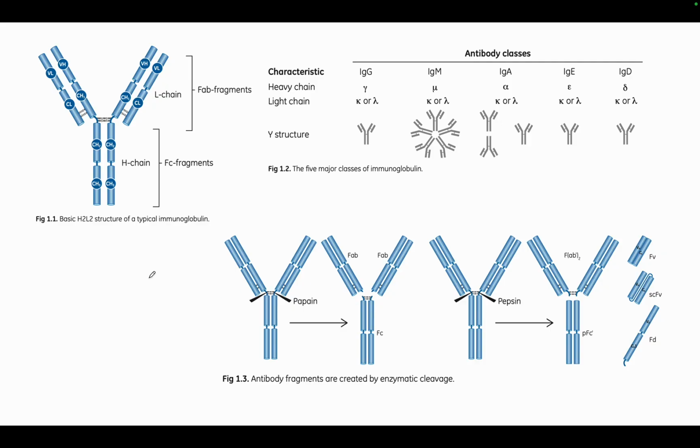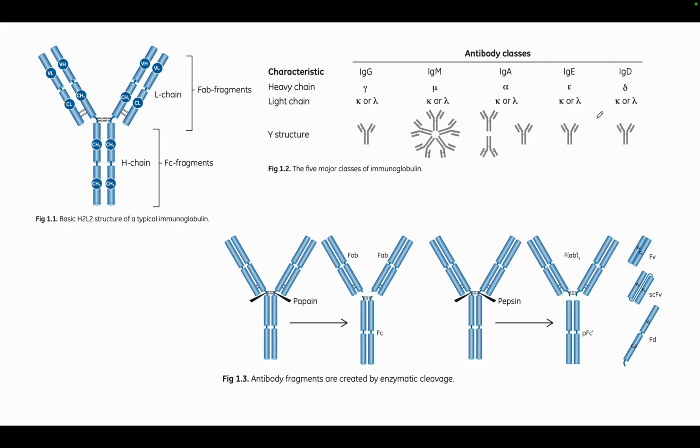A typical immunoglobulin antibody looks something like this, with two heavy chains and two light chains linked by disulfide bonds. As you are probably well aware, there are 5 major classes of immunoglobulins. We mainly use IgG, but depending on your purpose, you might look into the others as well.